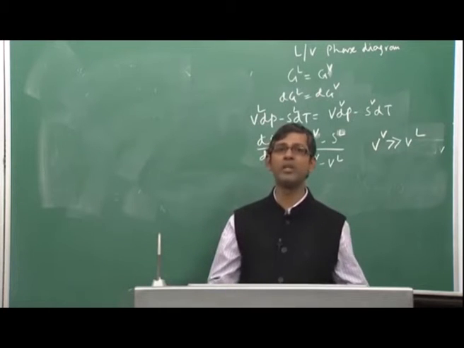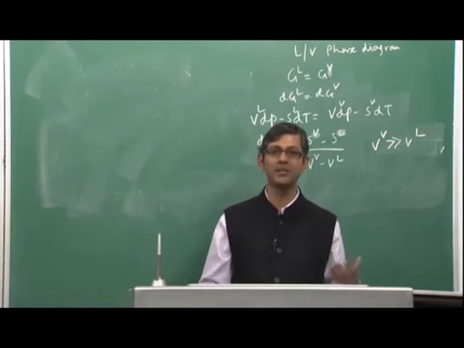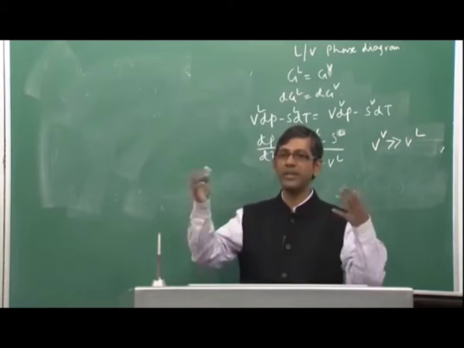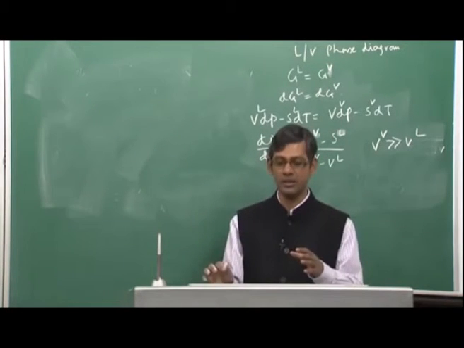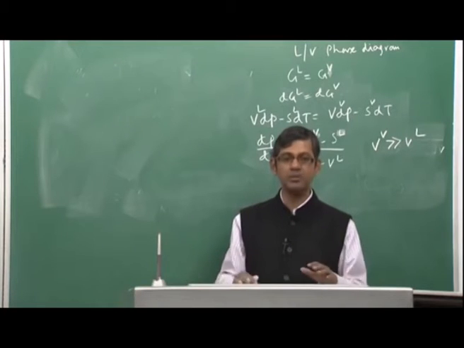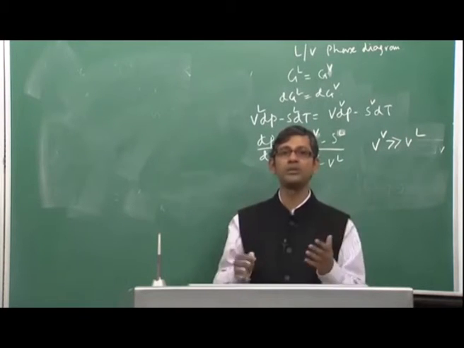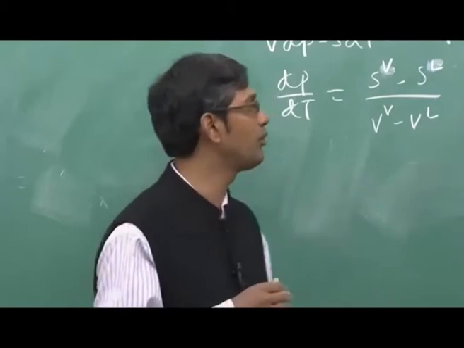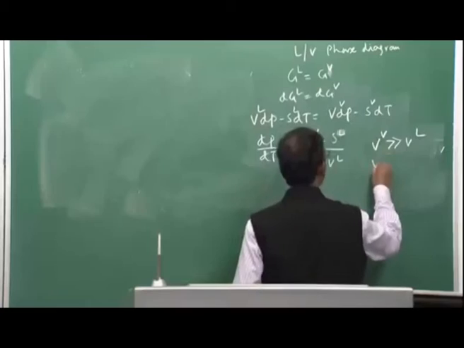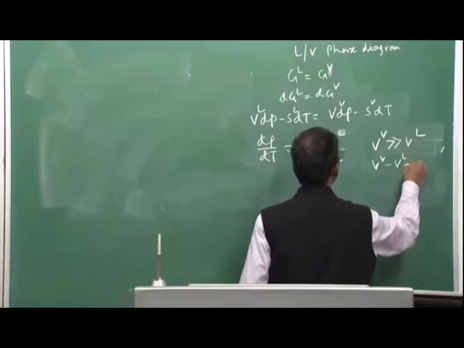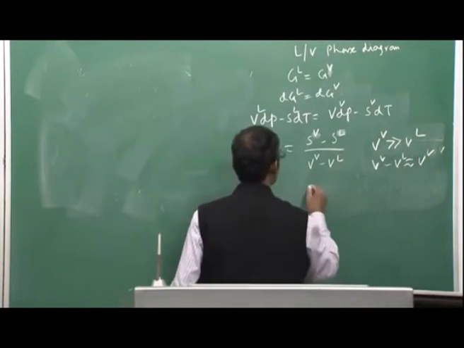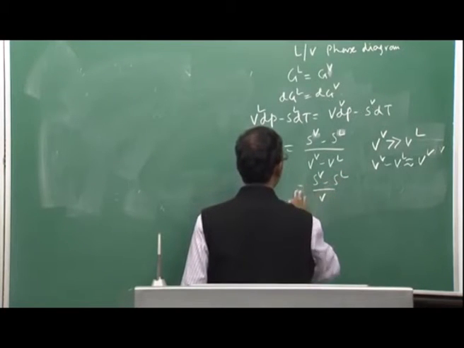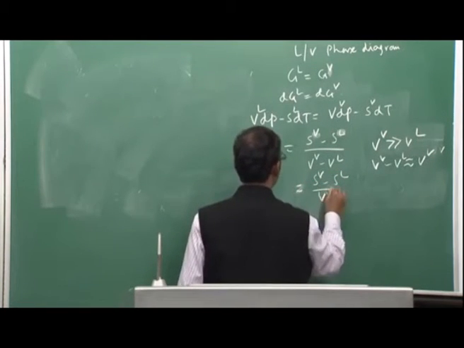The volume of the vapor will be the volume of the container minus the volume of the liquid which you are boiling, right? You could take a big container, put a small amount of liquid, and when it boils, except for the liquid present, the whole volume will be occupied by vapor. So that means volume of vapor will always be much greater than the volume of liquid. So I can write V minus VL is almost equal to VV. So that means this is equal to SV minus SL by VV.